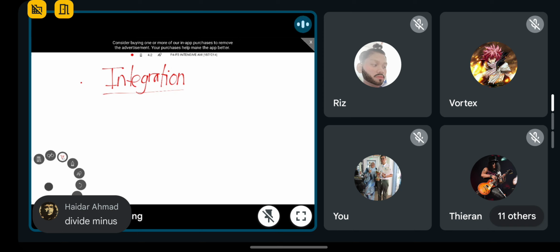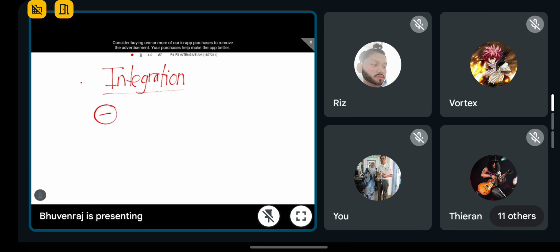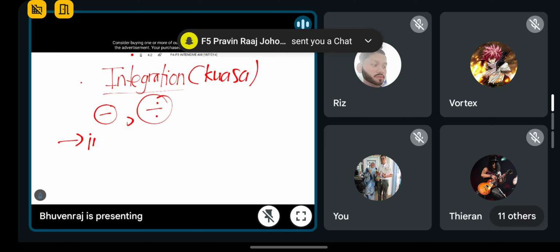Yes, very good. Divide and minus, correct. Okay. So what do I mean by divide and minus? Apa maksud tolak dan bahagi itu terjadi kepada kuasa. It happens on the power. Everything yang kita buat dalam pembezaan dan pengamelan, all of this happens to the power, the kuasa, the minus and divide.